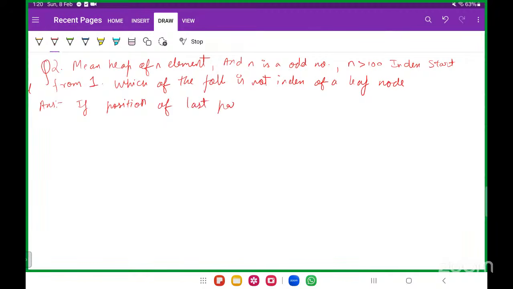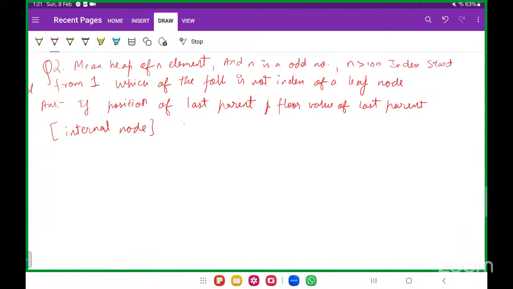The position of the last parent, in brackets the last internal node, is the floor value of n by 2. And n is odd, we know.